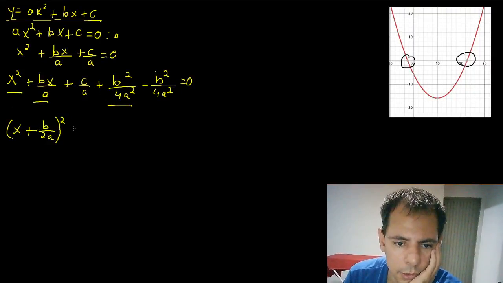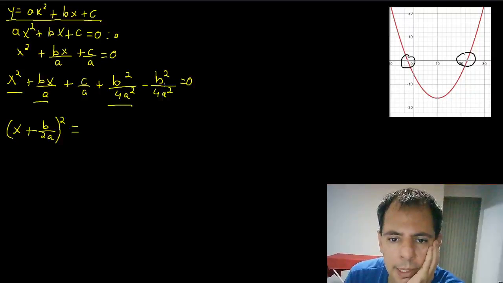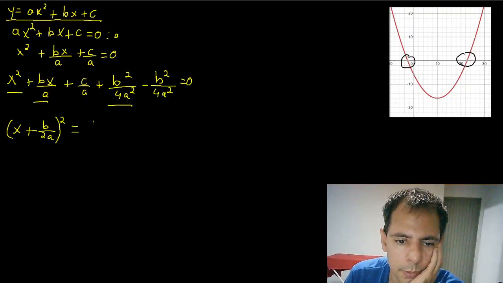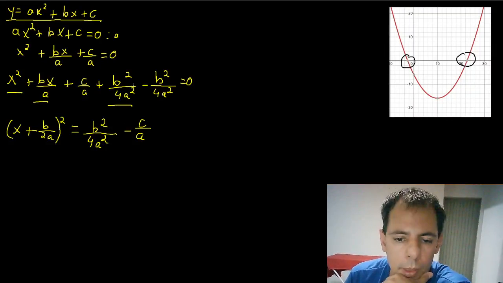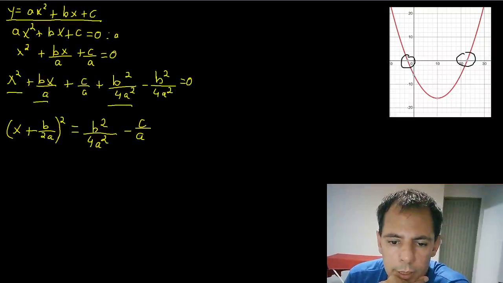So all you have to do is to write equals, and I'm going to pass these independent terms to the other side of the equation. So it'll be b squared over 4a squared minus c over a, okay? Now I want to join these two fractions.